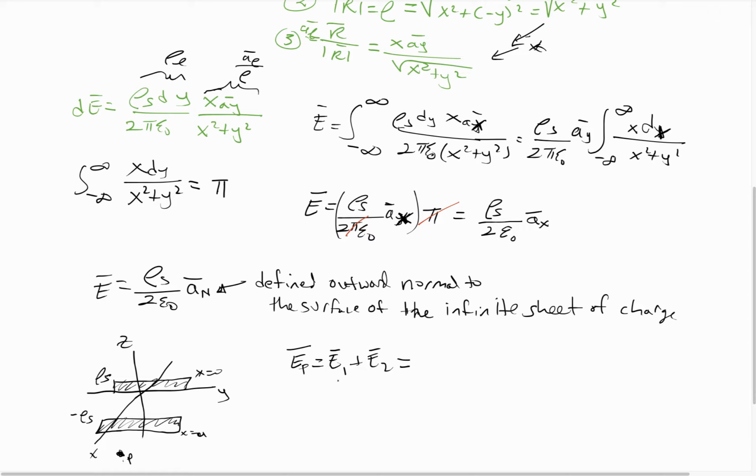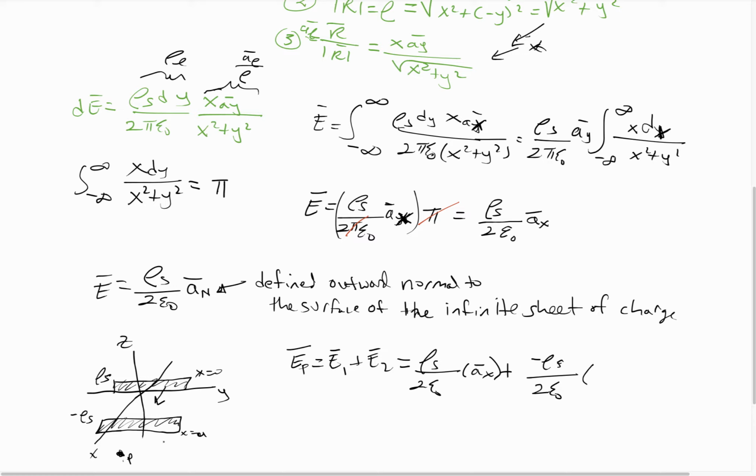And so we'll have the first one, which is going to be rho s over 2 epsilon 0, and the unit vector is outward normal, so it's going to be this way. And so that would be a positive ax. And then plus a minus rho s over 2 epsilon 0.